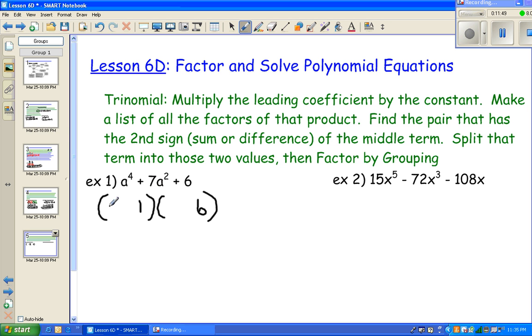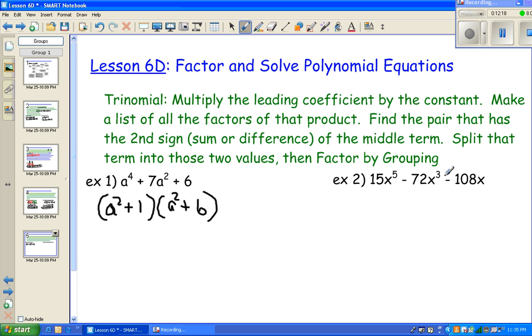And then a to the 4th is a squared and a squared. And your signs are going to be plus and plus. And neither one of those can factor any further. Okay, so a squared times a squared is a to the 4th. 6a and 1a squared is 7a squared. And then 1 times 6 is 6. All right.